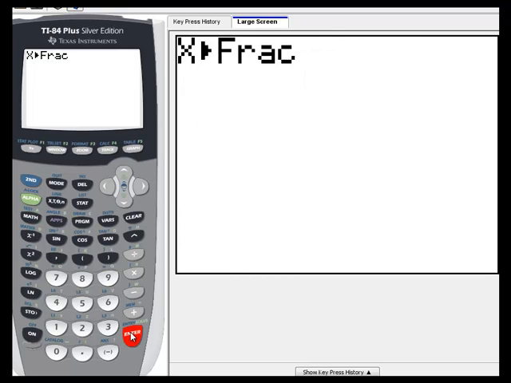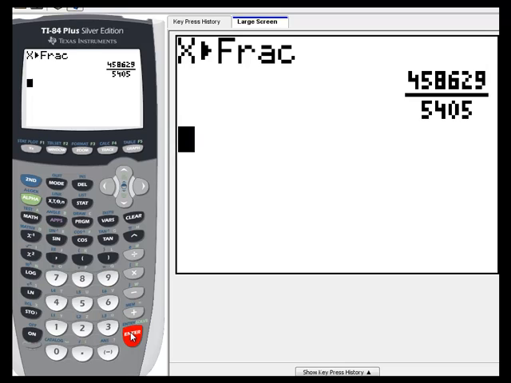Enter to paste it on the home screen, push enter again to execute the instruction. Wow, there it is. Pretty complicated looking fraction, but the coefficients and constant terms of this system were not so simple, so this could be expected. Alright, let's try to get the exact y coordinate. Alpha y.